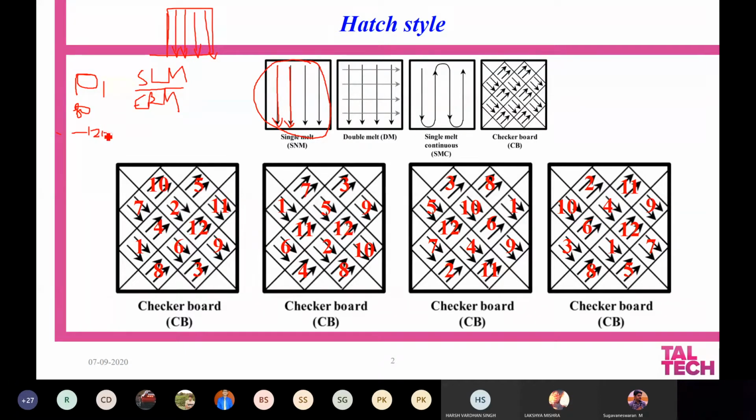So if you want to melt an area in millimeter size or in meter size, you want to have several melting sequences. The same is true for an electron beam melting process where the focal distance will be around 120 to 150. It is slightly larger than that of the laser melting process.